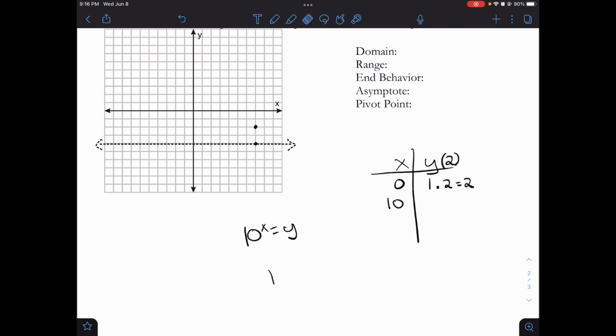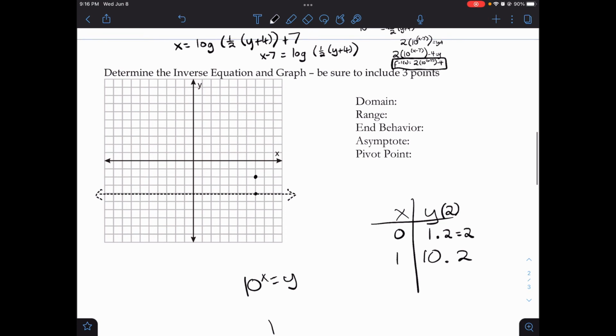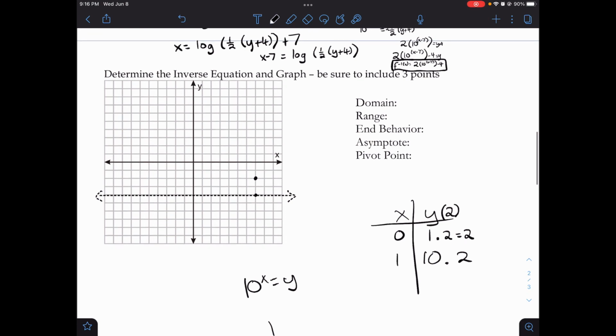So 10 times 2 is 20. I don't think we have space for that, but let's try it anyway. 1, 2, 3, 4, 5, 6, 7, 8, 9, 10, 11, 12. No, we do not have space for that.